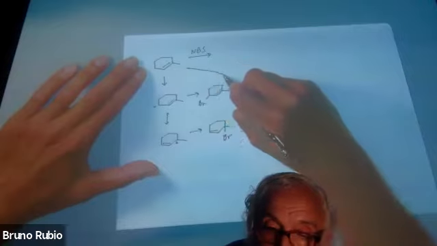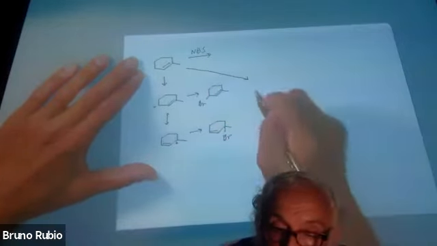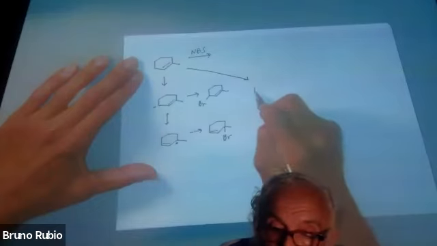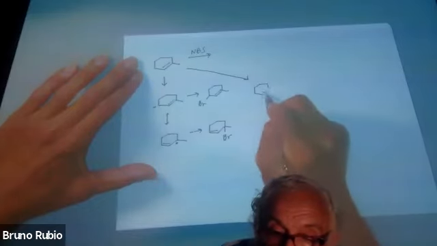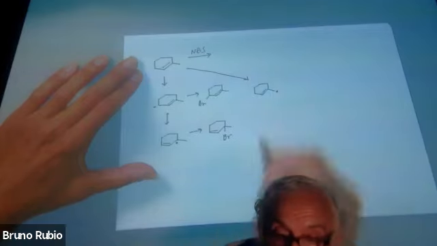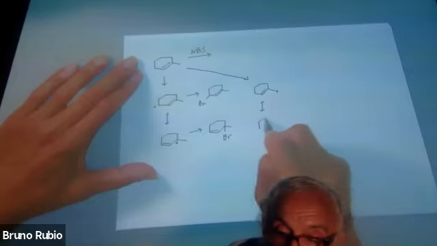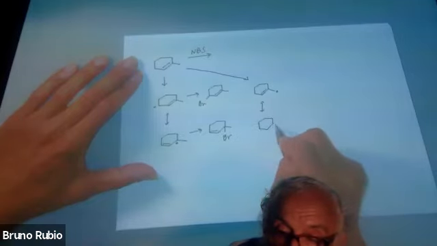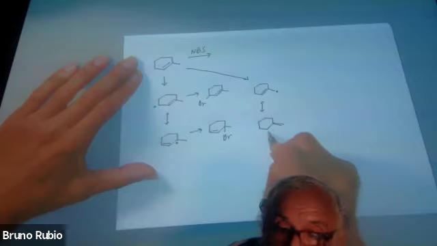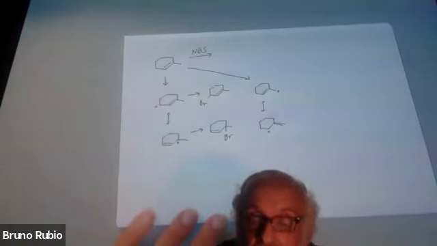We have more allylic positions, right? We have another allylic position over here. Put a dot there, and we can write a resonance structure for that radical where we're moving the dot and moving the double bond to there. And now everywhere we have a dot, we're going to quench that with Br.